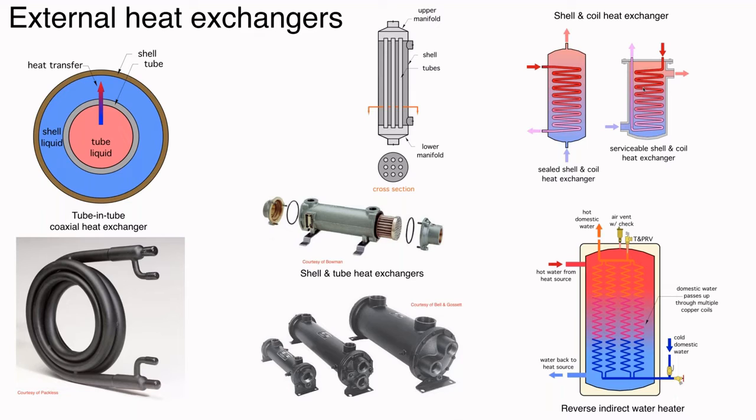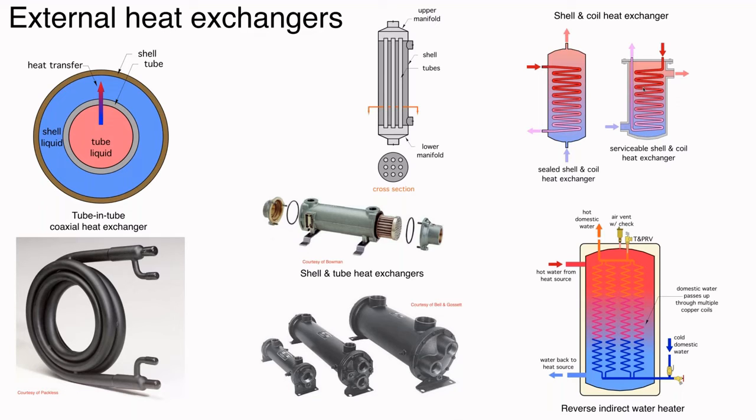We typically call these reverse indirect water heaters. These are on the market. In fact, there are some new ones just introduced to the market in the last couple of weeks. What we have are multiple copper coils that are connected to headers at the bottom and at the top. And in this case, cold potable water is going into the bottom header.